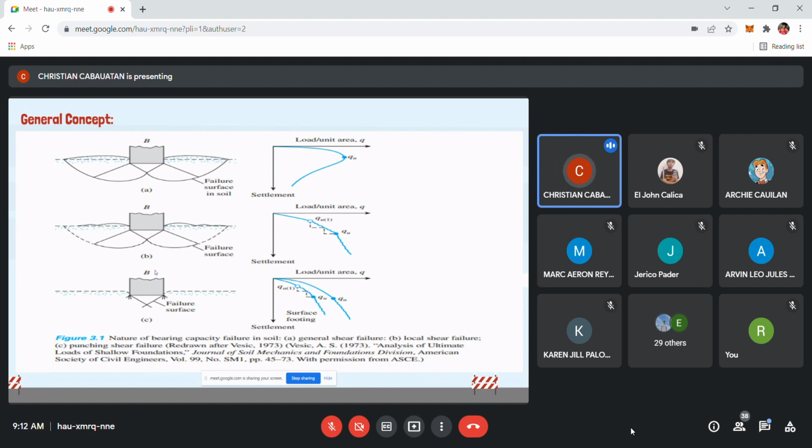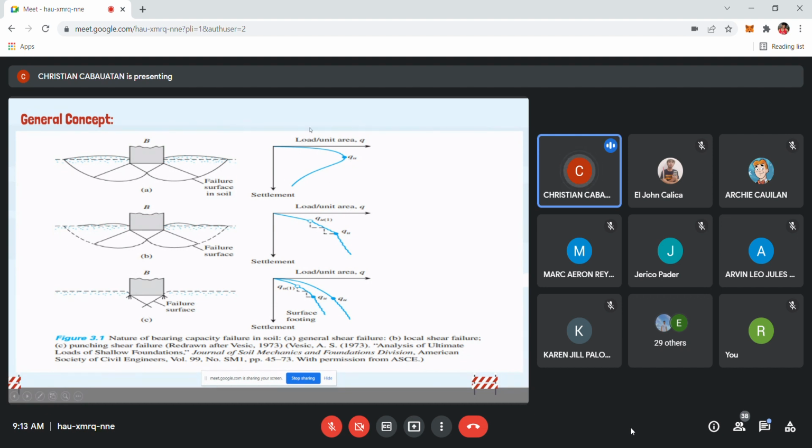If the load is gradually applied to the foundation, the settlement will increase. As our load increases, that is its settlement.